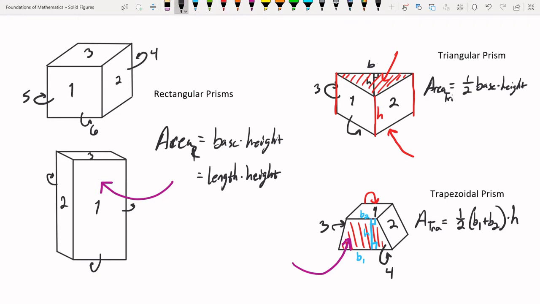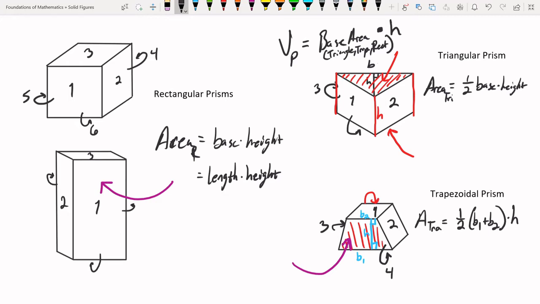So the volume of a prism is equal to the base area, which will be the triangle or the trapezoid or the rectangle, whatever prism you have, and you're going to multiply that base area by the height, or the distance between the other base area.